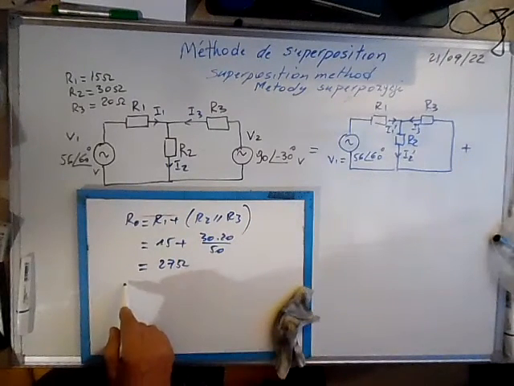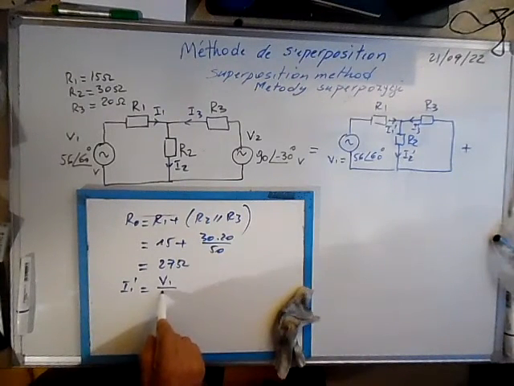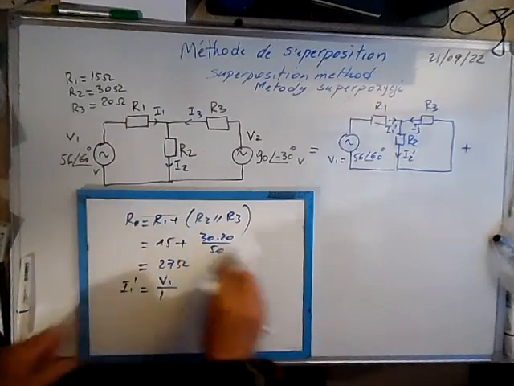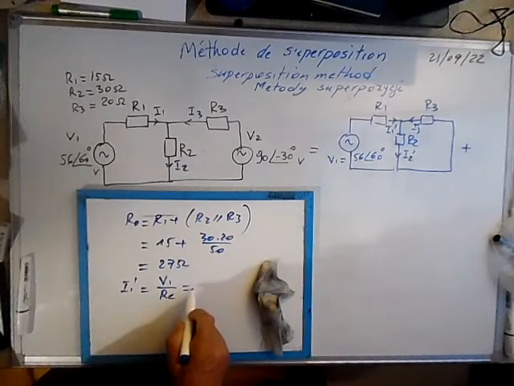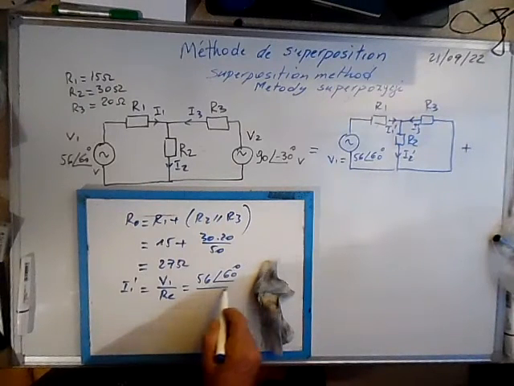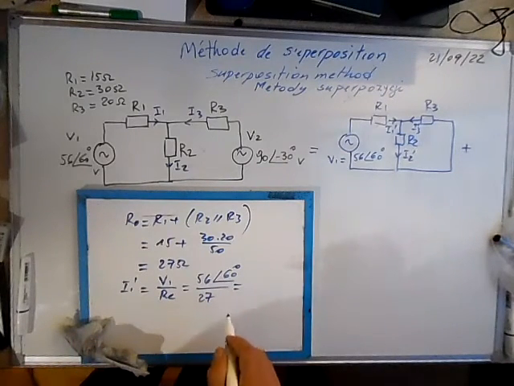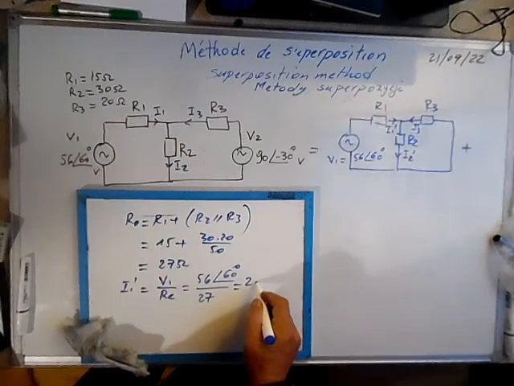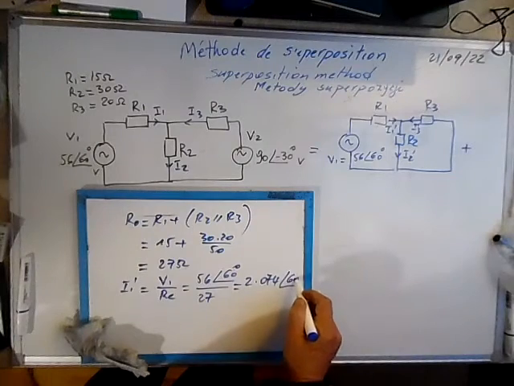From this we can calculate I1 prime, which is equal to V1 over RE. It's resistance, not impedance. So 56 at 60 degrees over 27, and the result is 2.074 at 60 degrees.